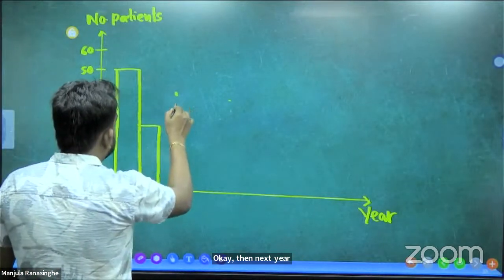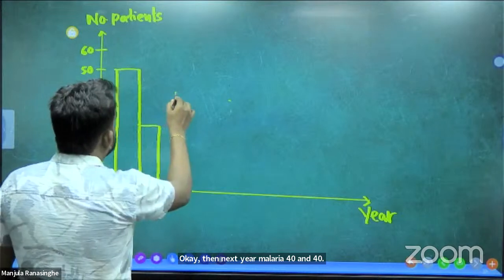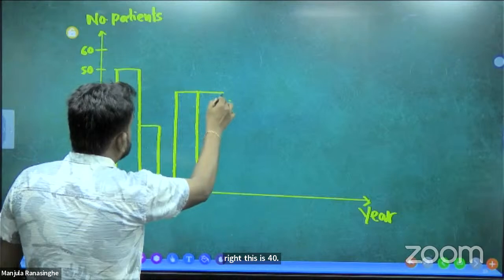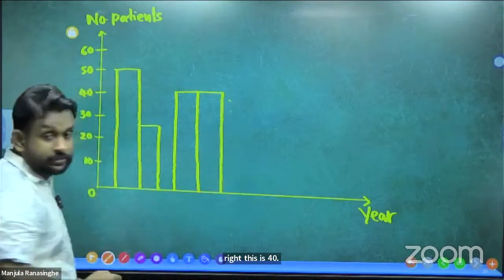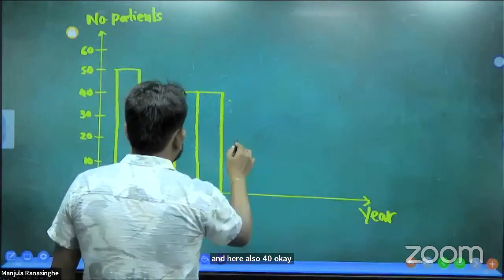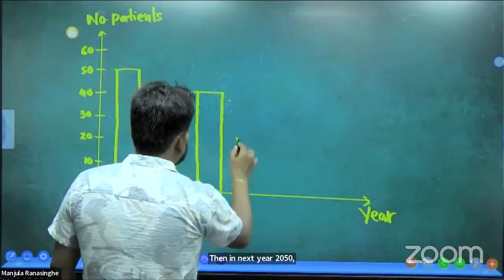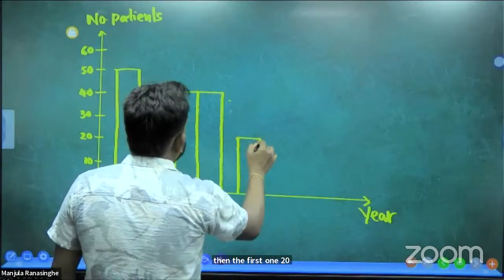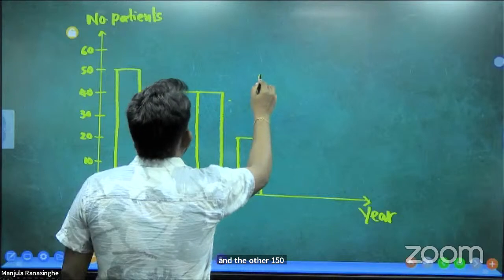Right, this is 40, and here also 40. Then in the next year, the first one 20 and the other one 50. So this is the 50.